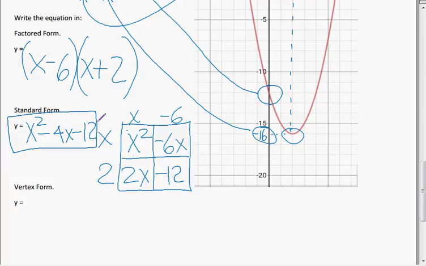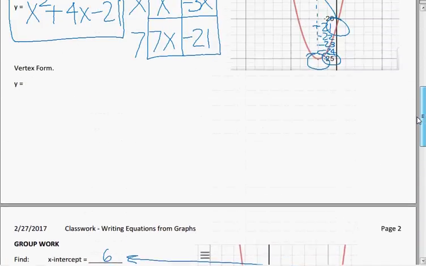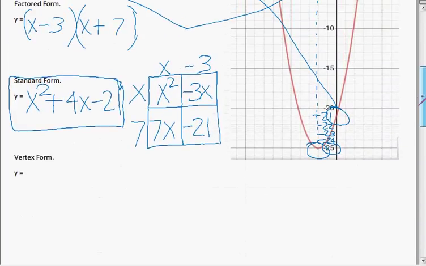Next, we'll do the vertex form. We noticed the vertex form looked like this. And then we either had plus or minus a number here. We had plus or minus, and then a number here, plus or minus, and a number here.